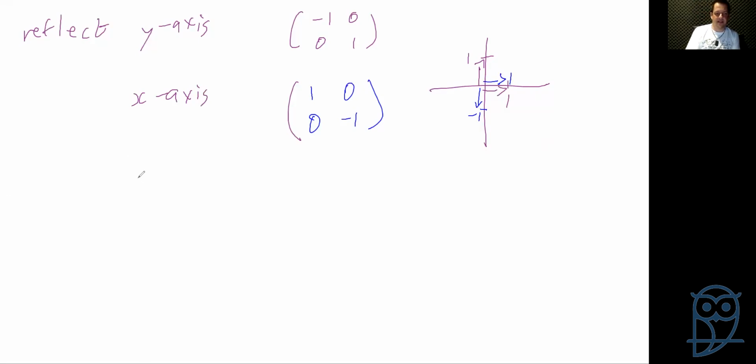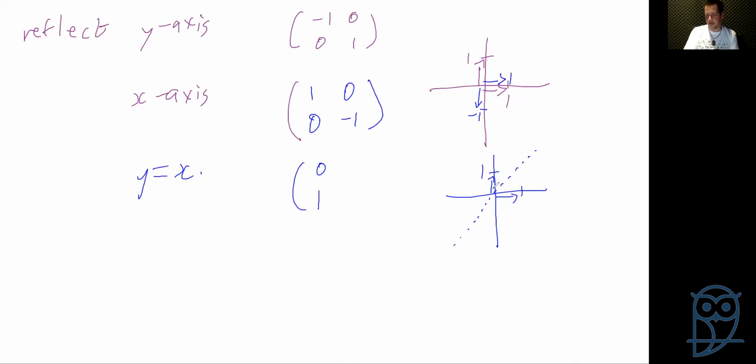If you're reflecting about the line y equals x, there's my two vectors. There's my y equals x. And then what's going to happen? Essentially, they're going to swap positions. This one, instead of being a 1, 0 vector, over there is going to become a 0, 1 vector.